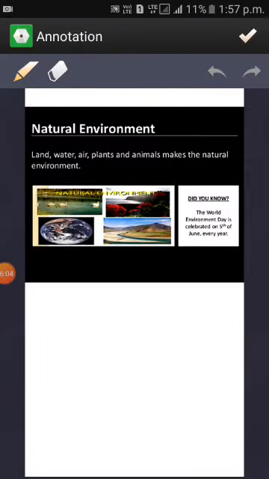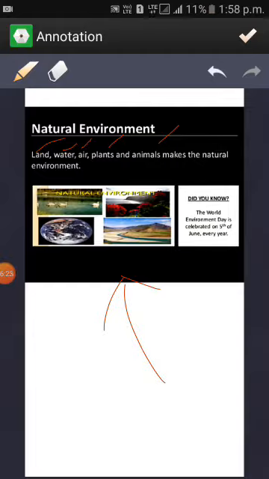You should know this term, that is the natural environment. Land, water, air, plants and animals make up the natural environment. In other words, we can say the components of the environment that are naturally created form the natural environment.